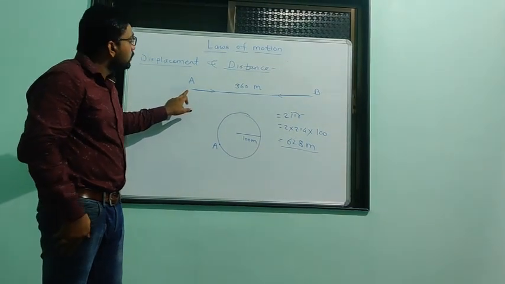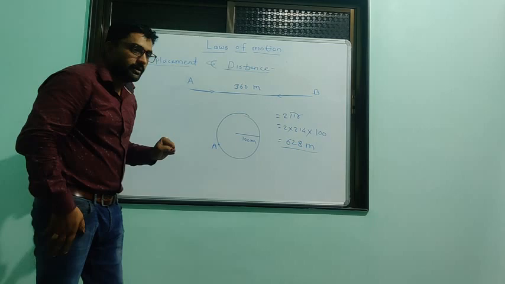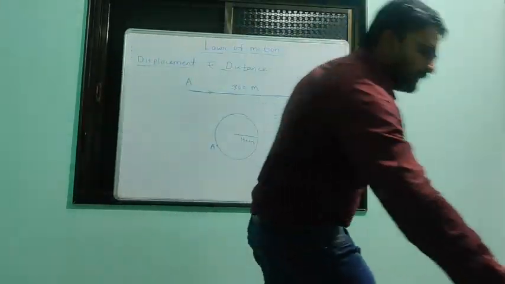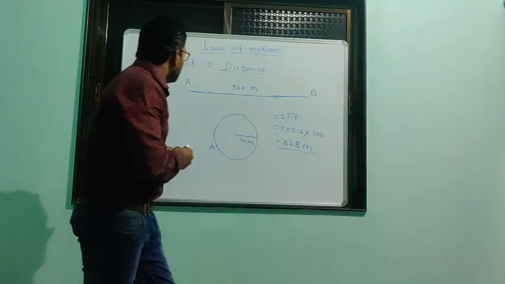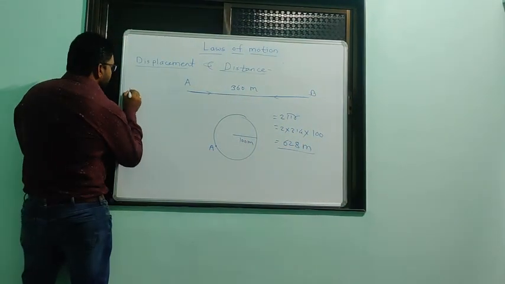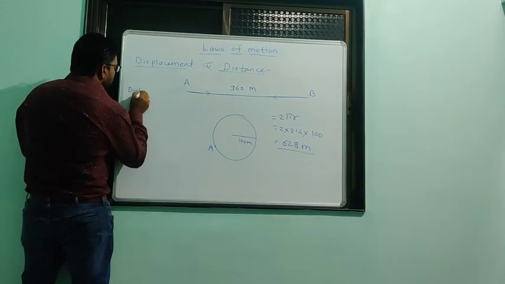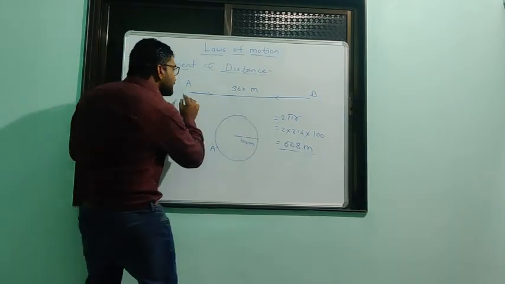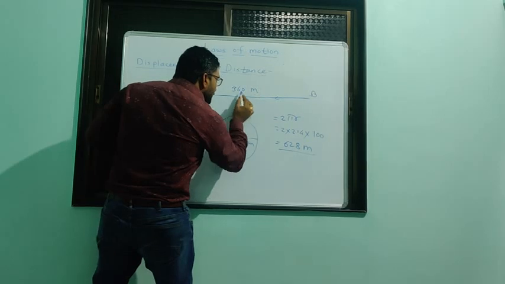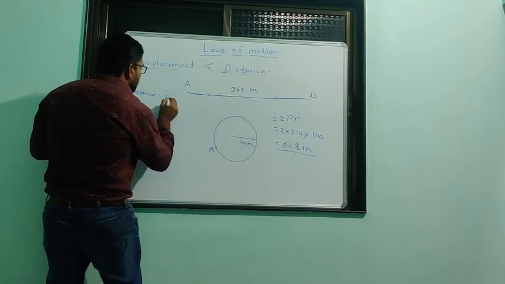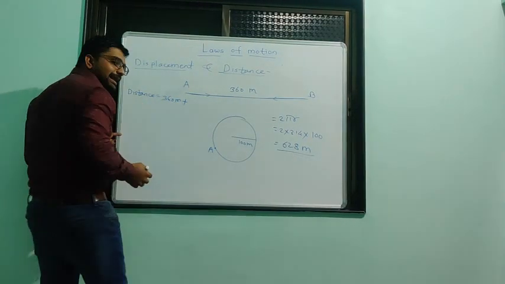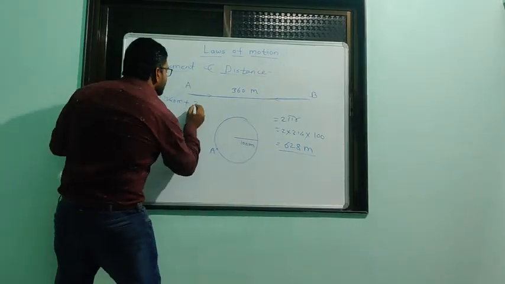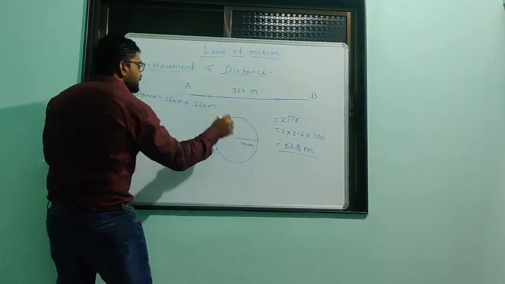Distance is the total path covered. Now the length of this path is how much? 360 meter. So the total path covered: first it goes towards B, that means 360 meter. Again it comes back from B to A, 360 meter.